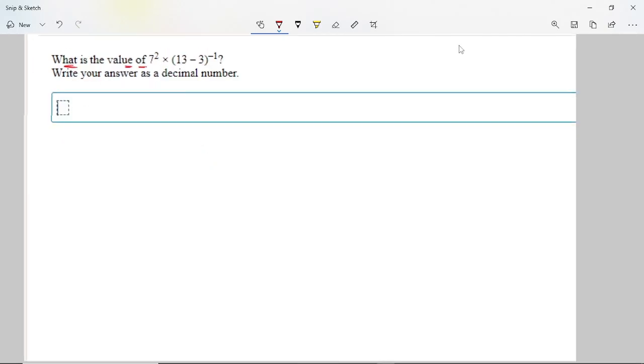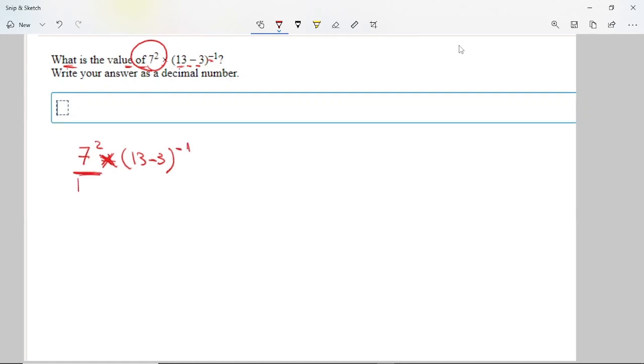What is the value of 7 power of 2 multiplied by 13 minus 3 power of minus 1? Okay, 7 power of 2, it's 7 multiplied 7.